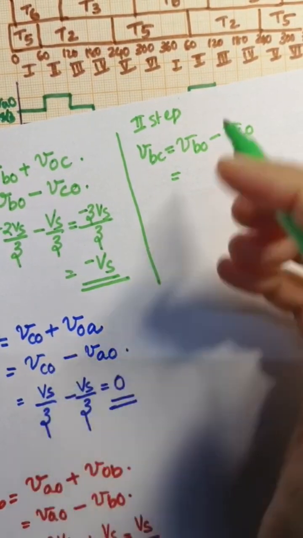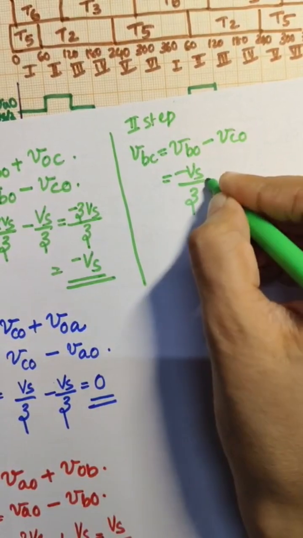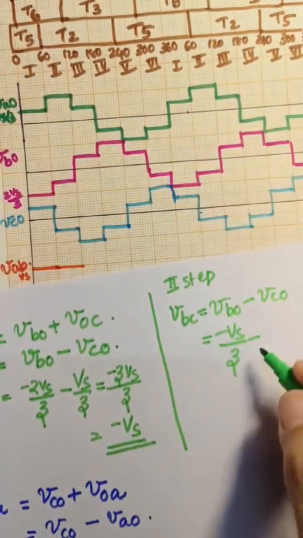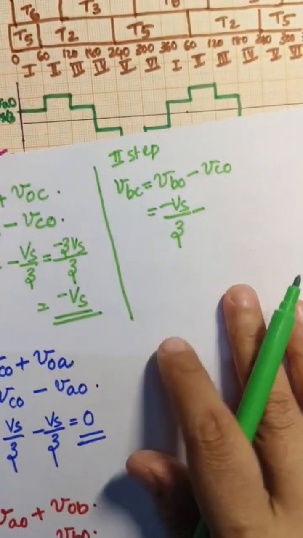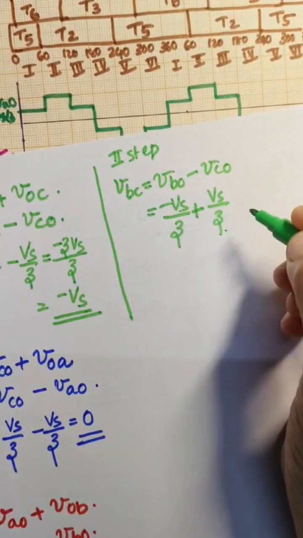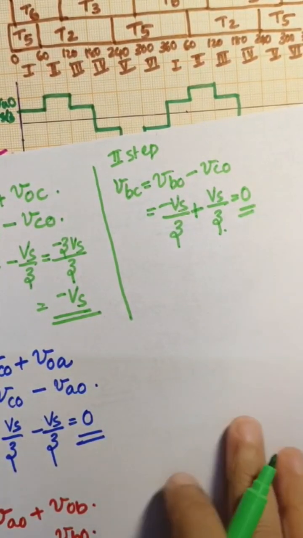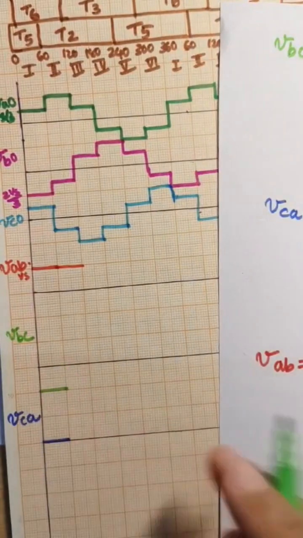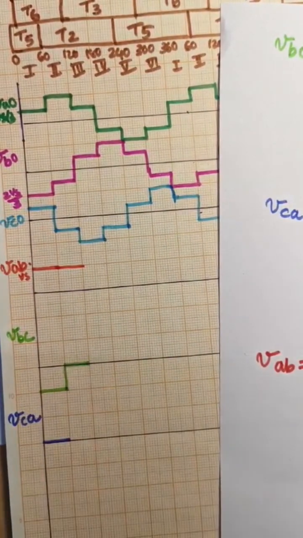And VCO is also minus Vs by 3. Minus minus plus Vs by 3, so we obtain it as 0. VBC is 0. So we mark here 0 voltage.